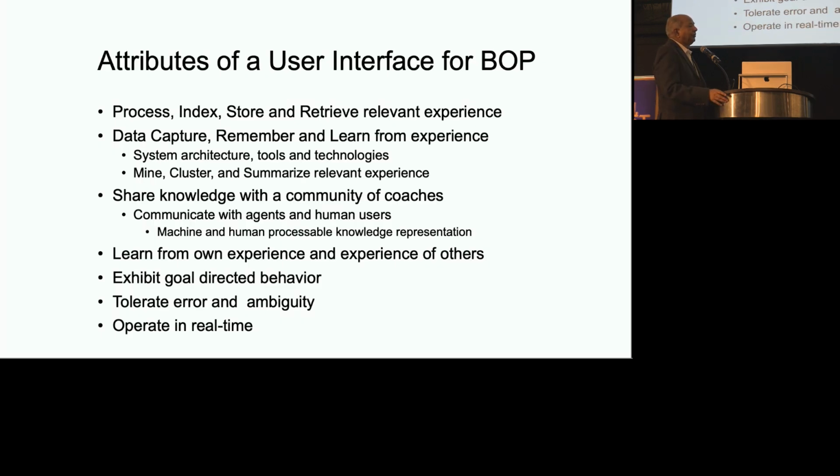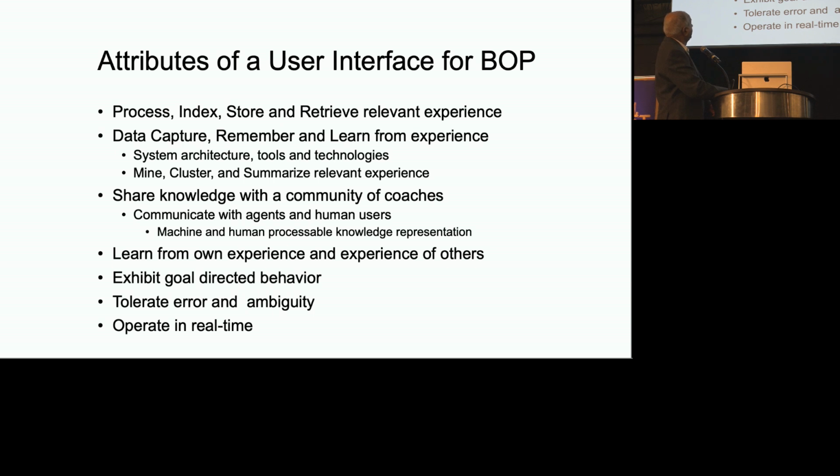So if you go back to the video we saw, there were a whole bunch of assumptions, and what we need to be able to talk about are the user interfaces for the people at the bottom of the pyramid.